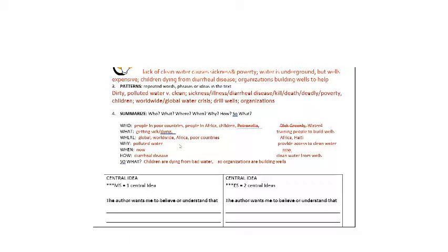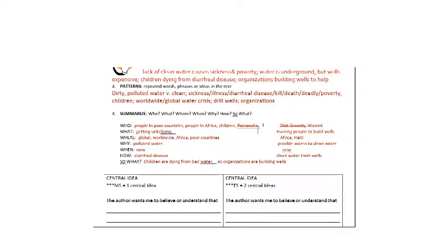And if we're going to do two, we could do all one about the problem and then all another one about the solution. So who's this about? And you've discovered there's often many answers to this depending on how you frame it. So who it's about: people in poor countries, it's about people in Africa, it's about children, it's about some woman named Petronella.